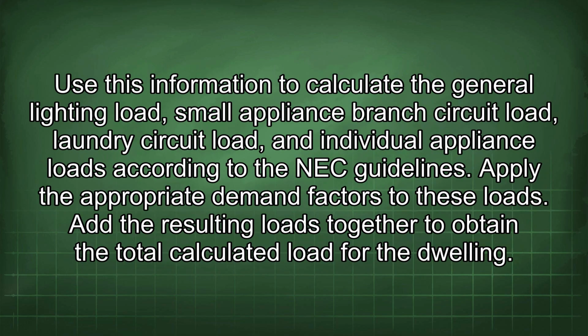Use this information to calculate the general lighting load, small appliance branch circuit load, laundry circuit load, and individual appliance loads according to the NEC guidelines. Apply the appropriate demand factors to these loads. Add the resulting loads together to obtain the total calculated load for the dwelling.